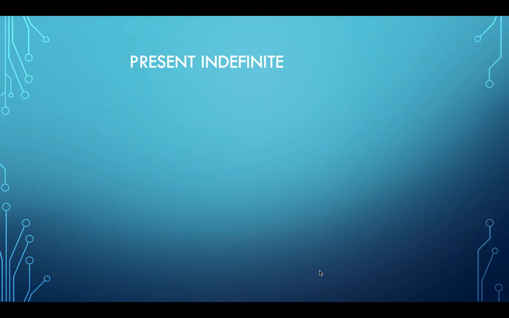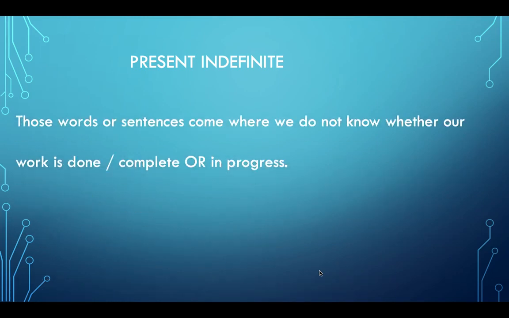Let's look into the definition of it. Those words or sentences come where we do not know whether our work is done, complete or in progress. वो words या sentences जिनसे हमें exactly work के complete होने का या उसके progress में होने का पता नहीं चलता है, where there is a situation and condition of being indefinite, that is known as present indefinite.